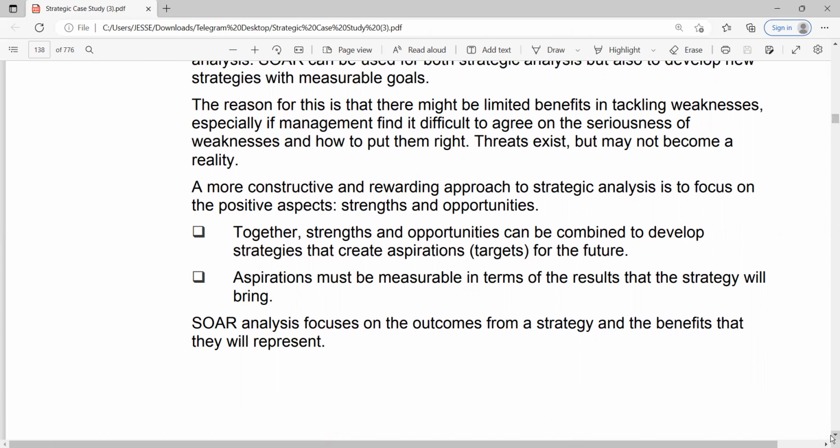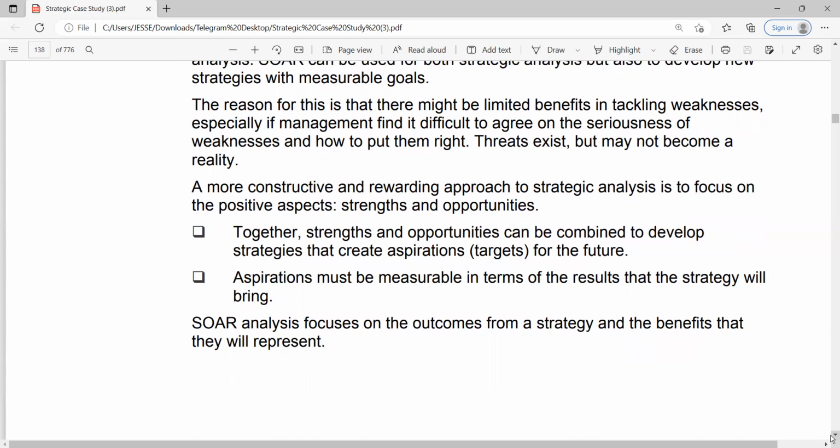They can be combined to create aspirations for the future. Aspirations must be measurable in terms of the results that the strategy will bring. So SOAR analysis focuses on the outcomes from a strategy and the benefits that they will represent.